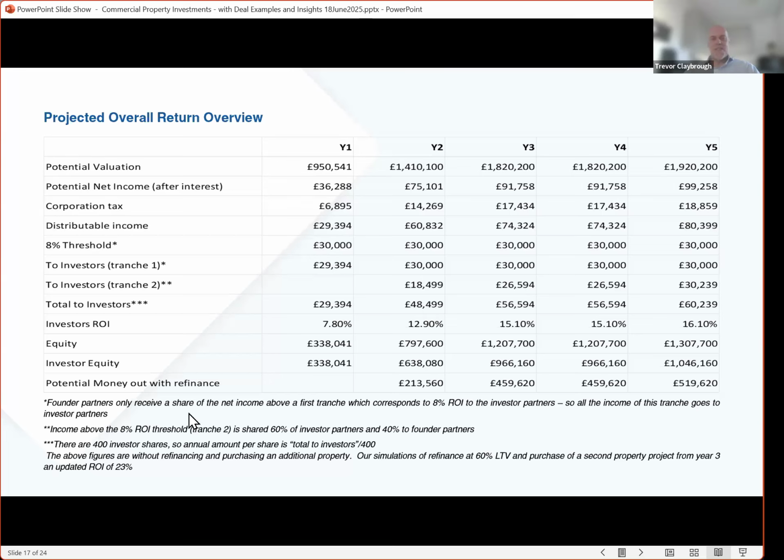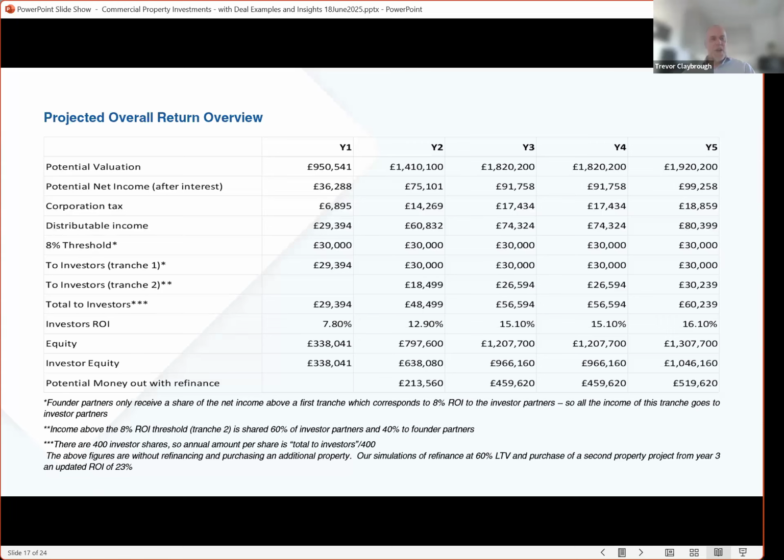What we call in this case the founder partners on this joint venture, it's Duncan and myself. Generally the founder partners take a share of equity. In this case it's 20%, and we're bringing expertise rather than money.